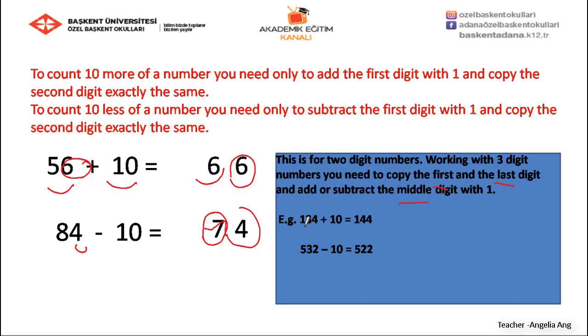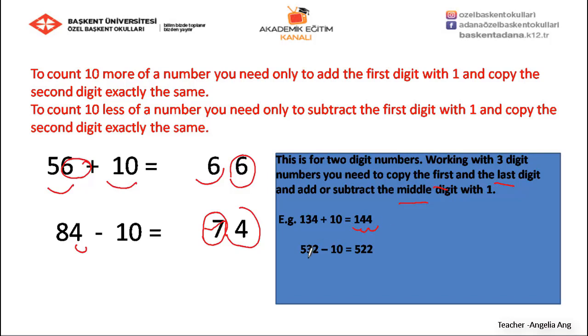For example, 134 plus 10, copy the first digit, 1, copy the last digit, 4, add 3 with 1 equals 4. So the result of 134 plus 10 equals 144.